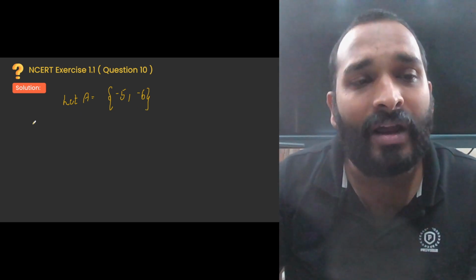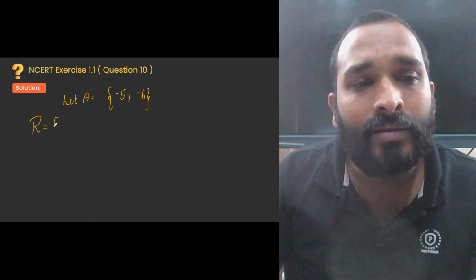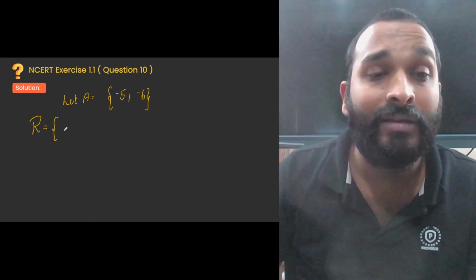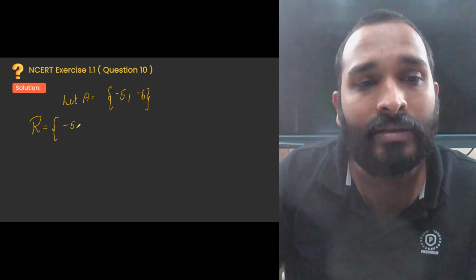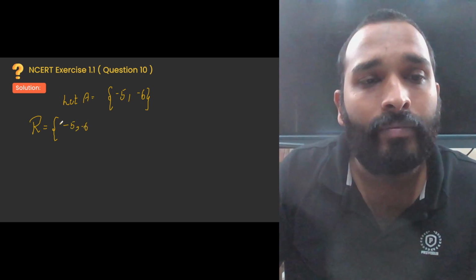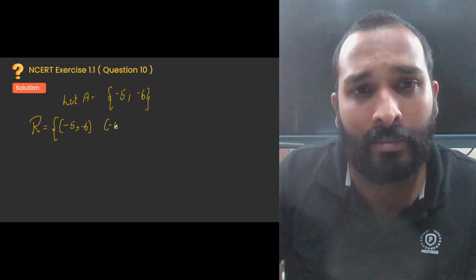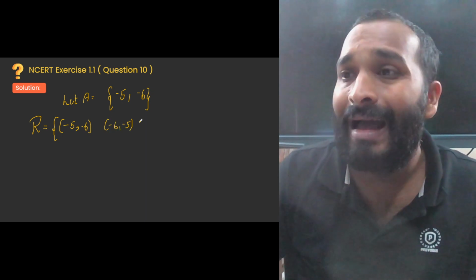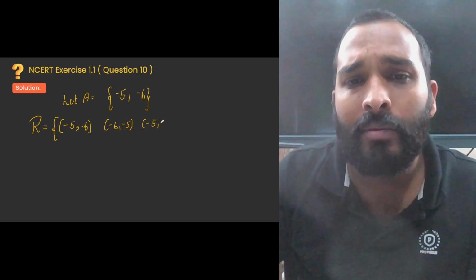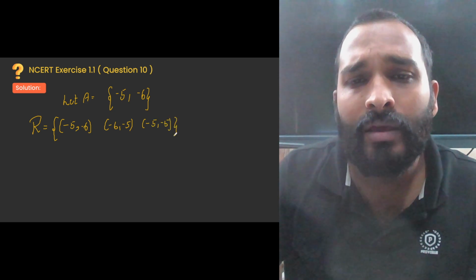Observe, I will write the relation R as (-5, -6), then (-6, -5) also, and I will write (-5, -5). Just try to observe why I have written this.